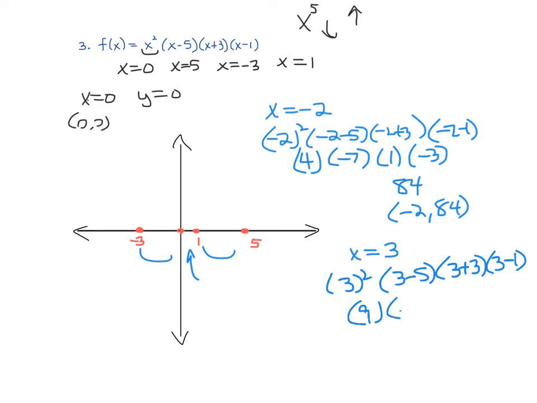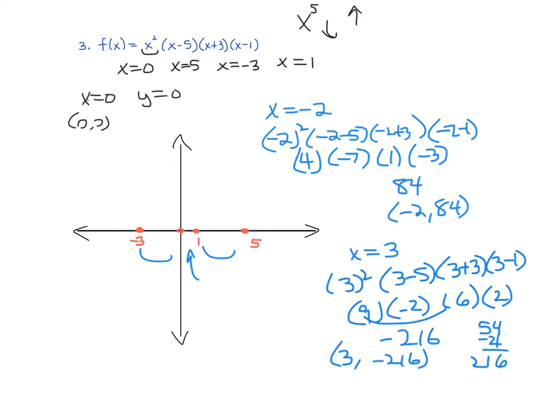So 9 times negative 2 times 6 times 2. I'm going to multiply these two first. This gives me 54 times negative 4, negative 216. So this ordered pair is 3 and negative 216.